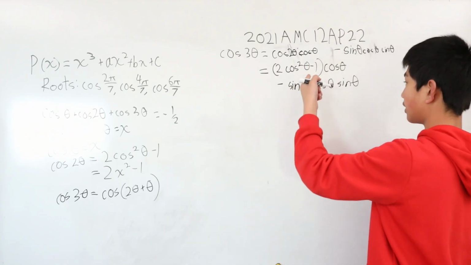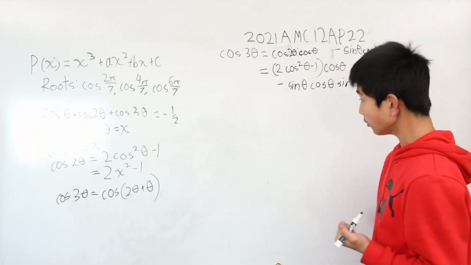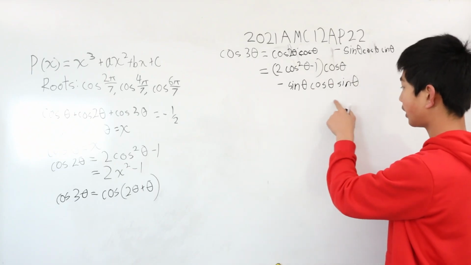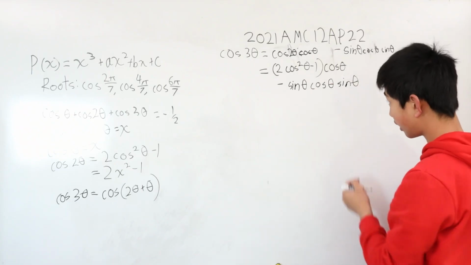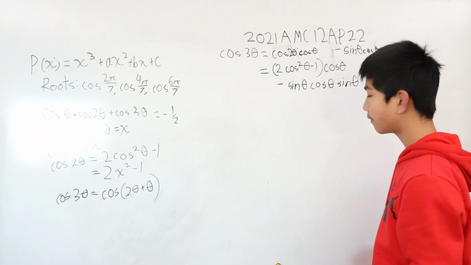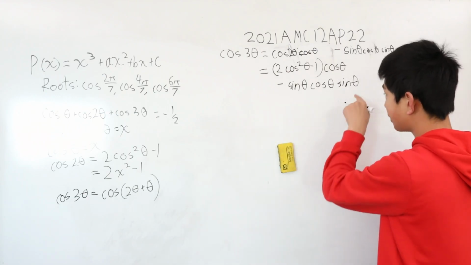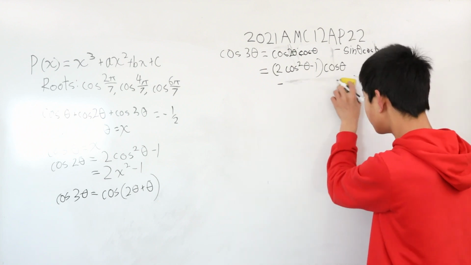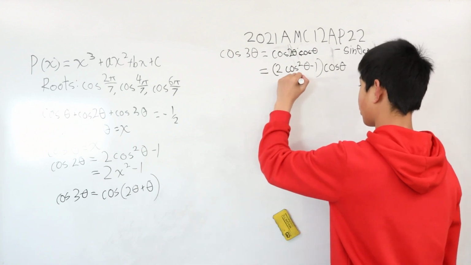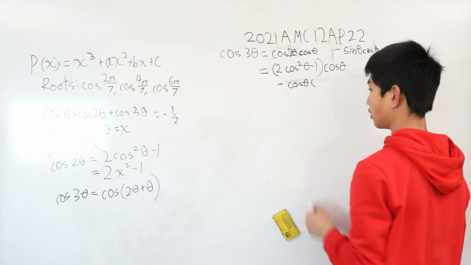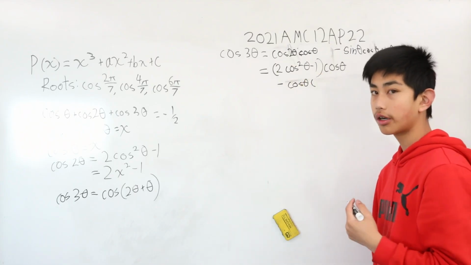Since we factored this out, we want to factor out something here. There's two sine thetas, so we can factor out a cosine of theta, because that makes a square. So this would be cosine of theta times sine of theta squared.